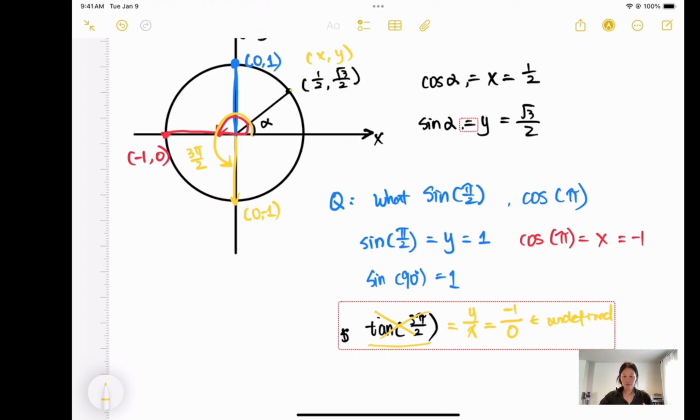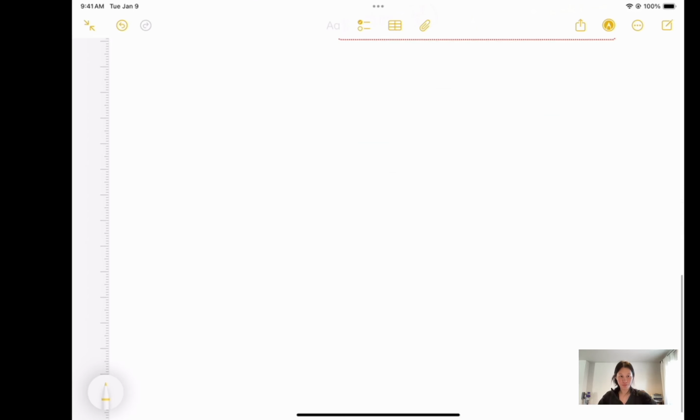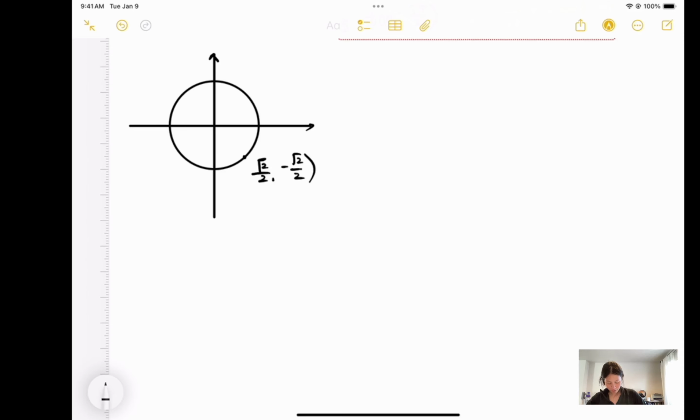Okay. Now, what about this angle? This endpoint is square root of 2 over 2, comma, negative square root of 2 over 2.